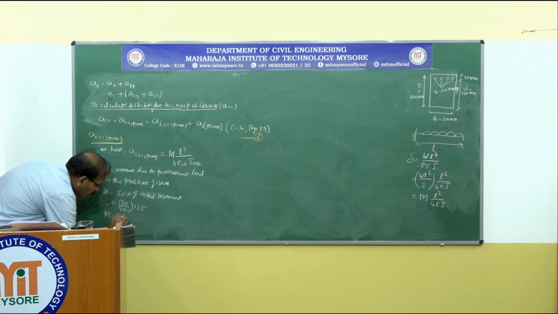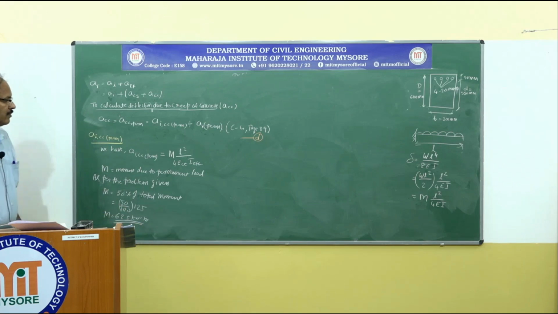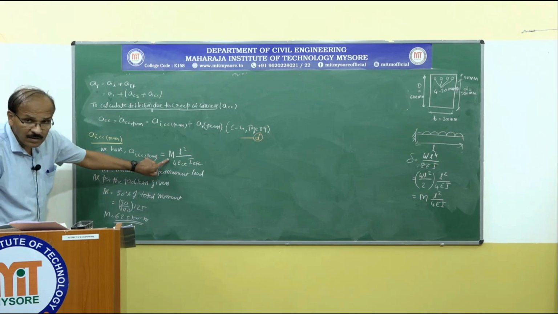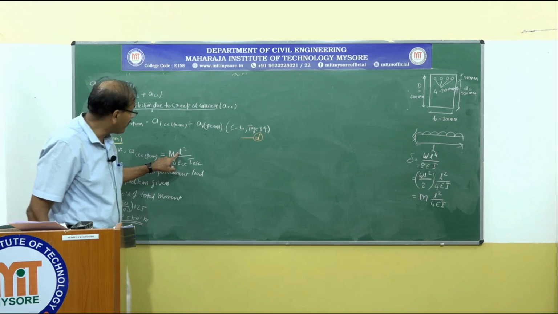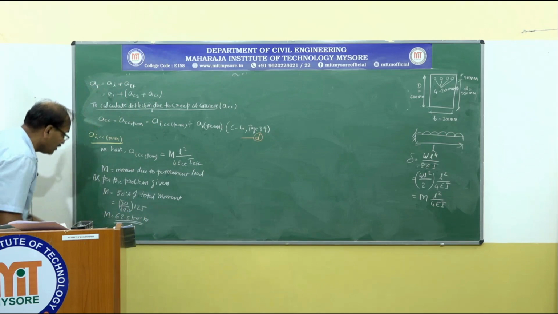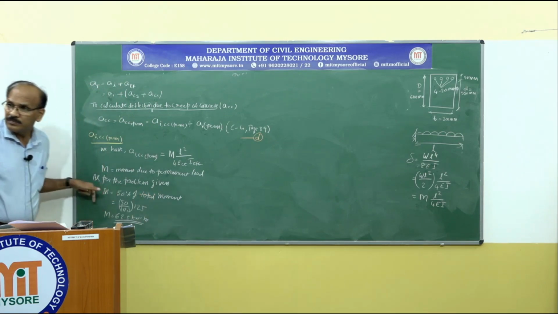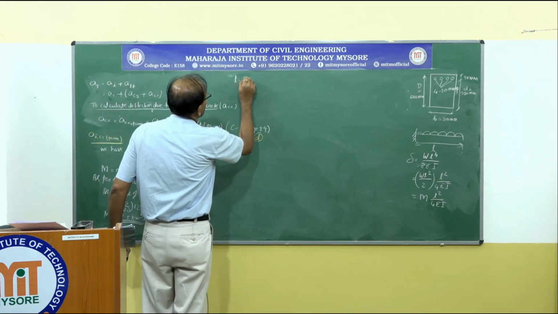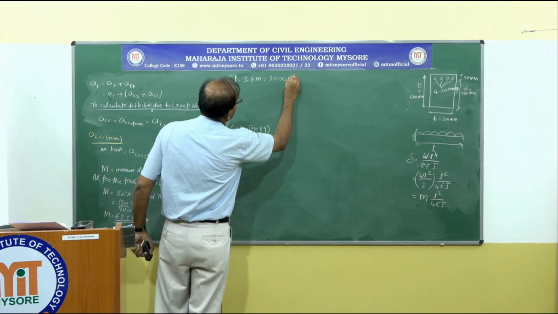M equal to 62.5 kilonewton meter. Okay. So next, this is calculated. L is the length of the cantilever, which is 3.5 meter, that is equal to 3,500 millimeter. That is L. So L equal to 3.5 meter, that is equal to 3,500 millimeter.